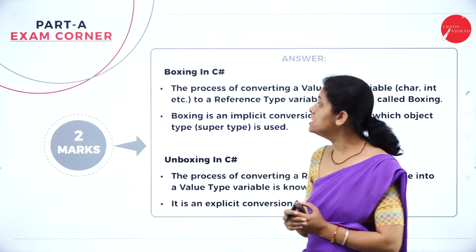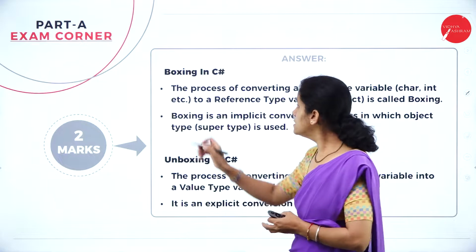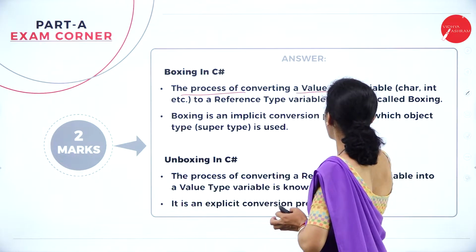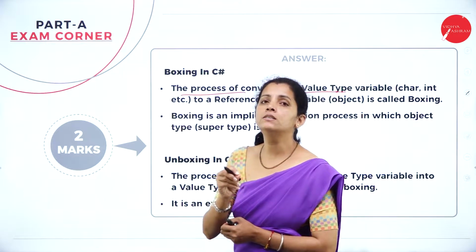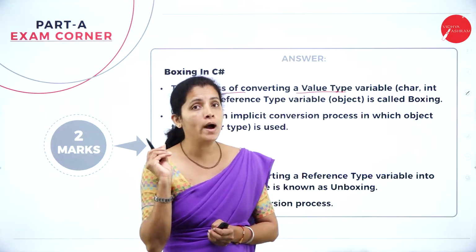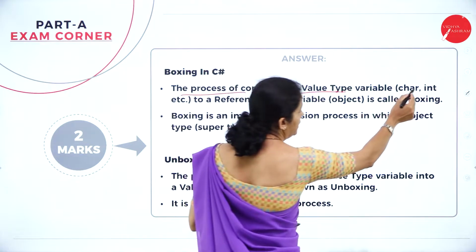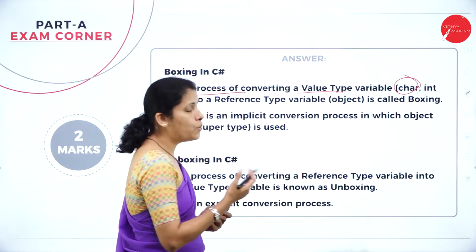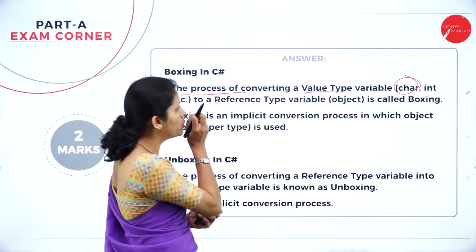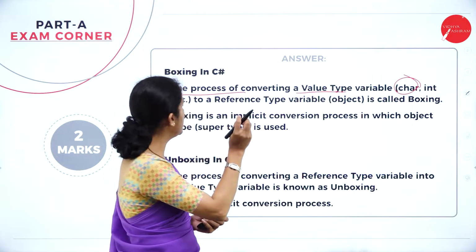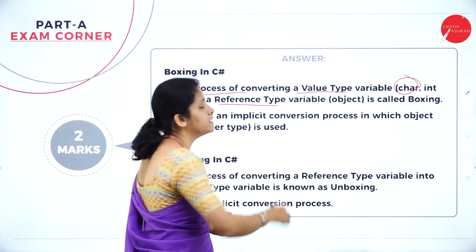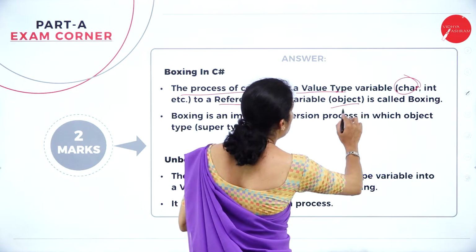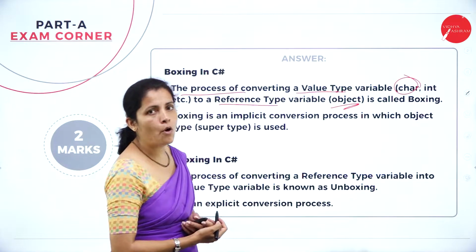So what is boxing? This is the process of converting a value type. So what is an example of a value type? That is the integer data type, character data type, float, etc. I'm going to convert the value data type to a reference type. So what is reference here? That is nothing but the object. This is called boxing.